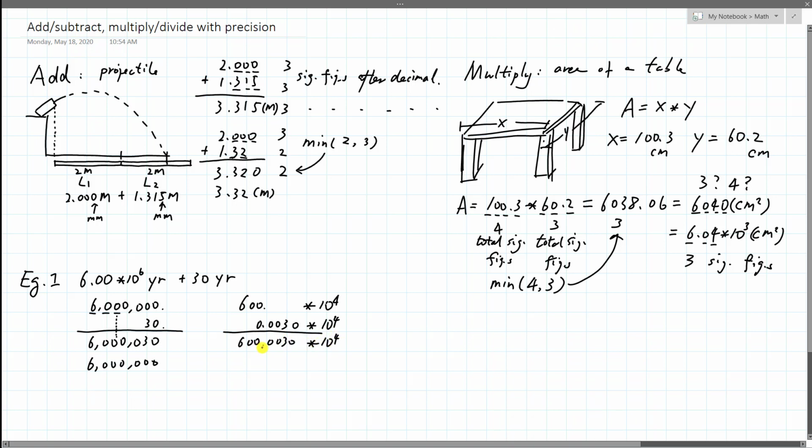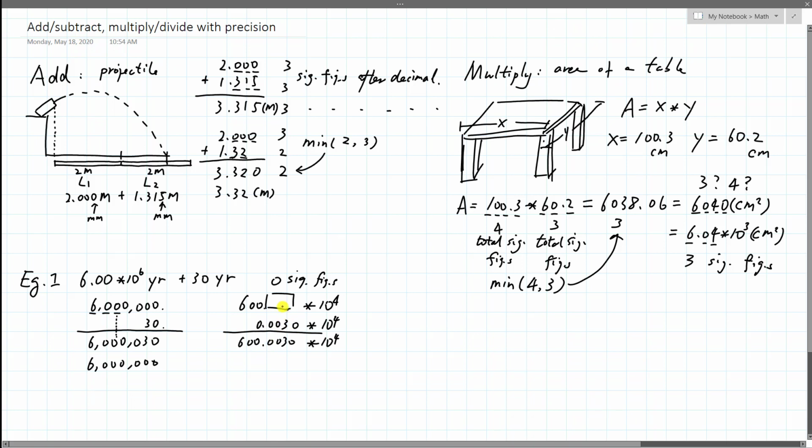So as we see, 600 doesn't have any sig figs after its decimal, so we should cut it off. There's 0 sig figs after the decimal, so right here there's nothing, right? 0 sig figs. And this one has basically all these.